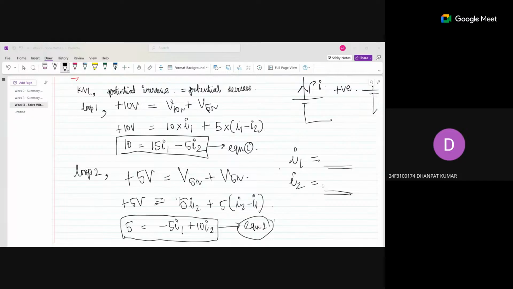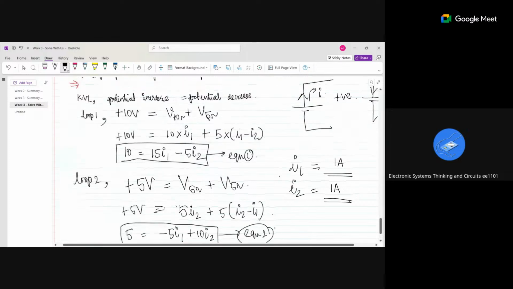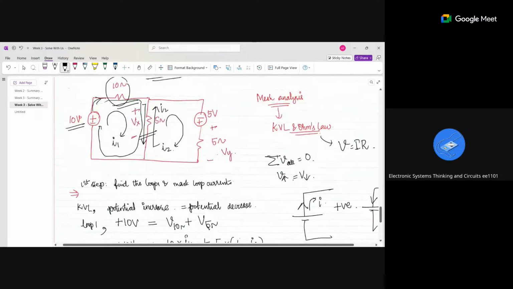I2 is 1, and I1 is 1 ampere. Now I want to find Vx. Vx is nothing but the voltage across the 5 ohm.